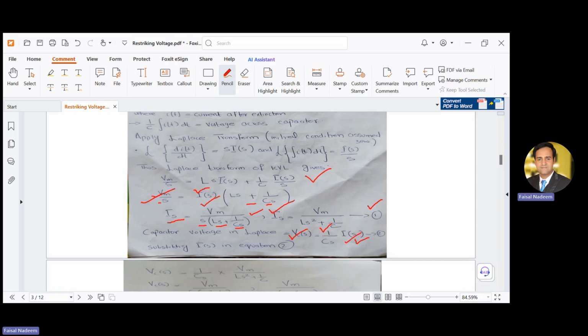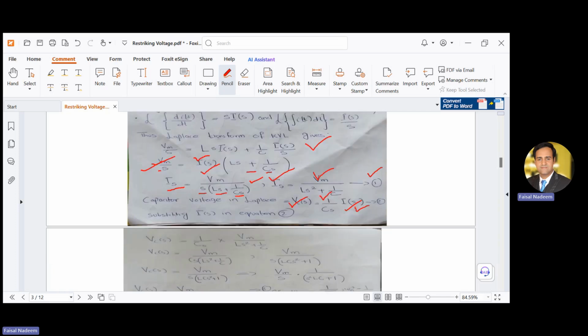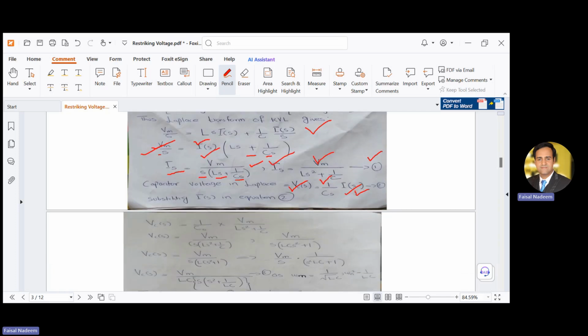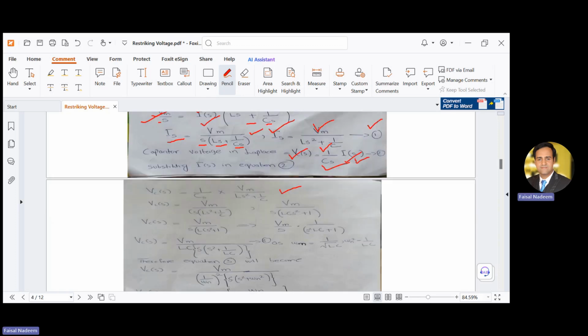We put this value of I of S from here, and equation number 2 now becomes VC of S equal to 1 over CS, which remains like this, and I of S replaced with Vm over L S square plus 1 over C. Now we make this one fraction: Vm over CS times L S square plus 1 over C. Now we multiply C inside the brackets: Vm over S times LC S square plus 1.